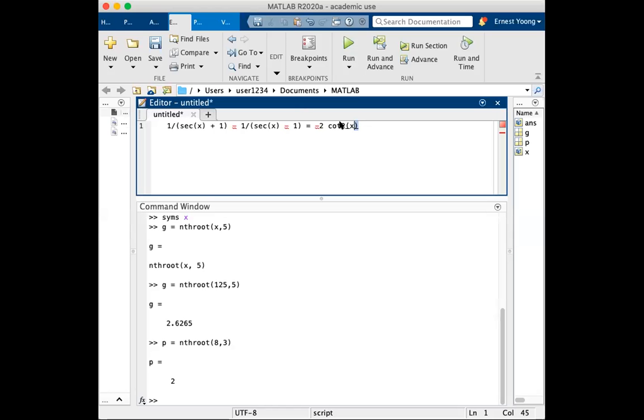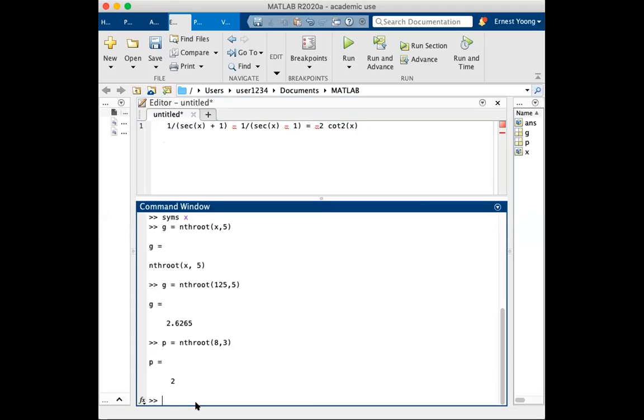Since we want to prove this identity, I can bring the right hand side over to the left, so minus becomes plus. Let's say my first expression 1 is equal to 1 over bracket secant x plus 1, plus 1 over bracket secant x minus 1.